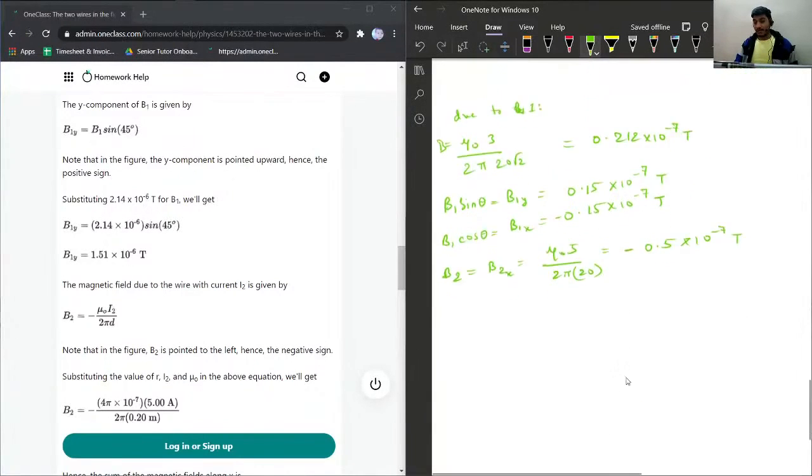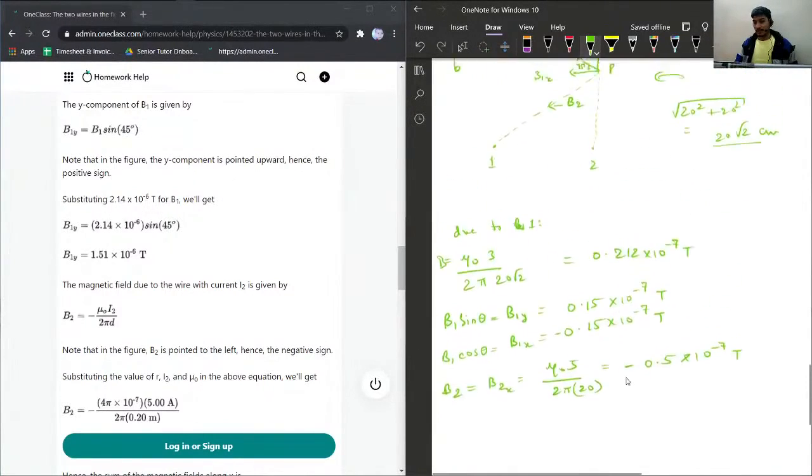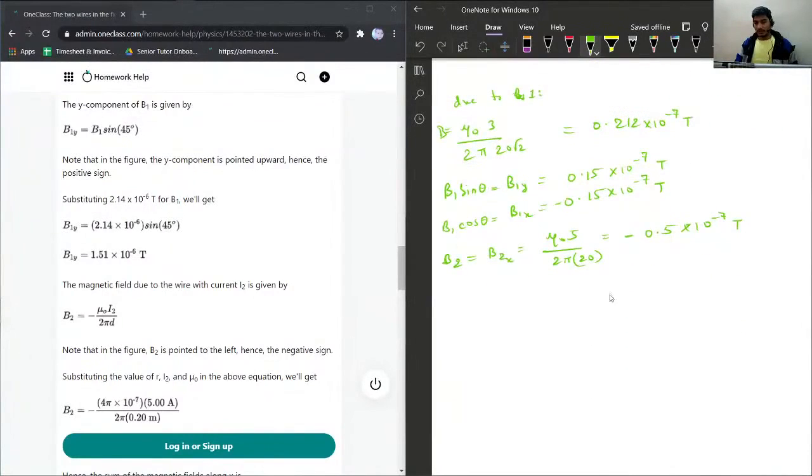Now to calculate the total field at point P, we'll just sum up the components of X and Y. We'll take the magnitude of that vector, or we'll just sum the vectors as a whole vector.